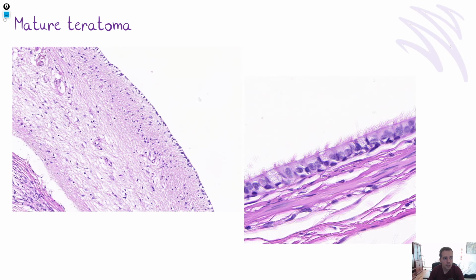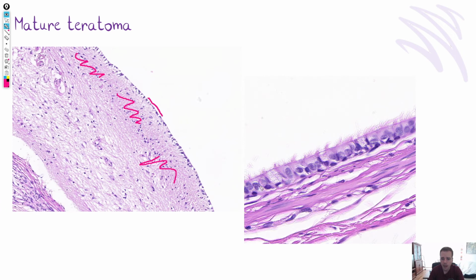And here you can see that some cysts were lined by nervous tissue. This is the glial tissue. And here you can see that the tissue is lined by one layer of, let's say, lowly cuboidal cells, and this is the ependyma.